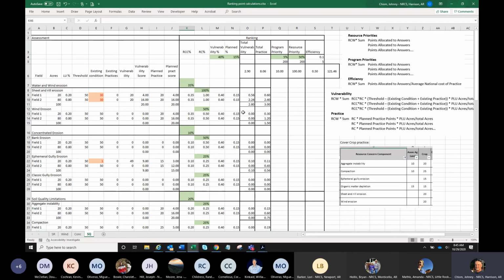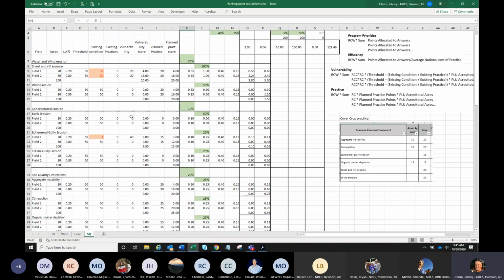And I've heard of instances where people say, well, I didn't think this one ought to rank that high, because I assessed too many resource concerns, so I'm just going to go back and pick a couple of them. Well, if you do that for one, and then everybody else gets all of the resource concerns assessed, that's kind of a prejudice of how you want things to come out. And I don't think that's something we need to be doing.